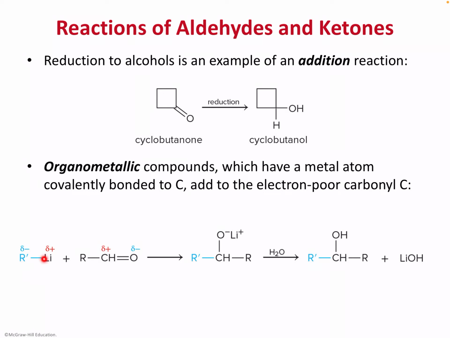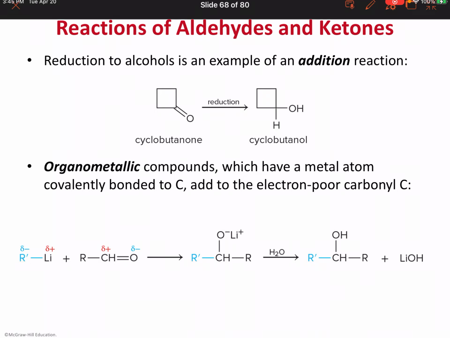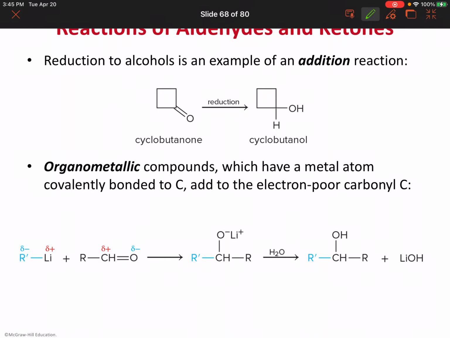This is an alkyl lithium organometallic compound. This is our aldehyde, and the carbon is positive, oxygen negative. Here lithium is a metal, so it carries a partial positive charge. As a result, the alkyl group carries a partial negative charge. So this negative end can be attracted to the positive carbon.